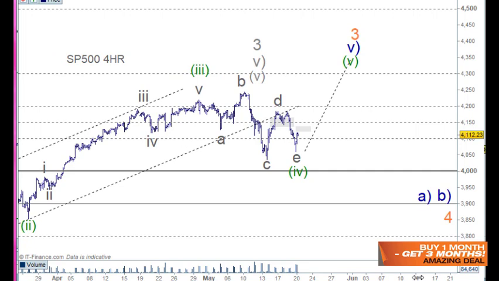So folks have offered me different counts, and thank you for that. And I find that it still doesn't leave us any better off with my counts or other counts. It's just not clear. And I find with Elliott Wave that if it's clear, fine, go in and take the trade.